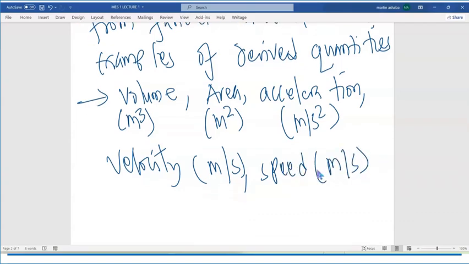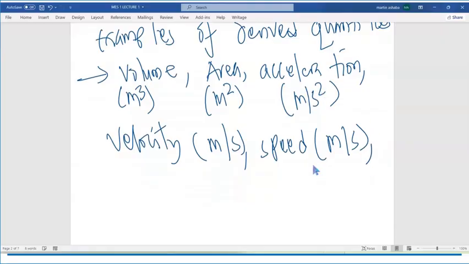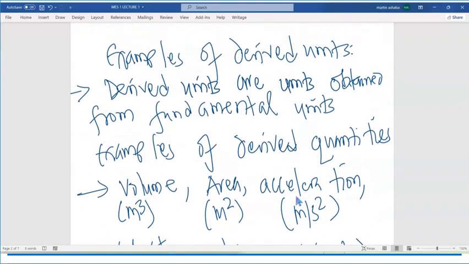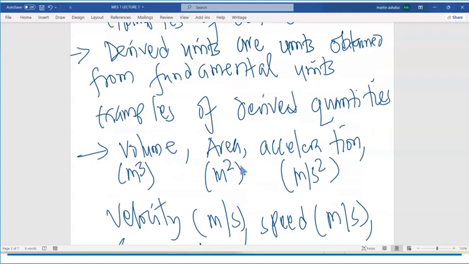Yes, there is a force, Newton, and etc. And pressure. So those are derived quantities, and they have derived units.